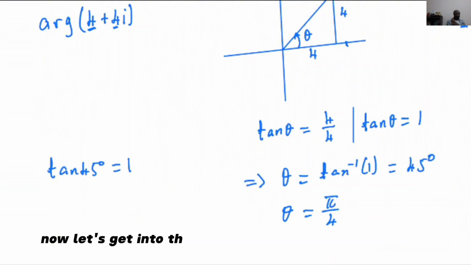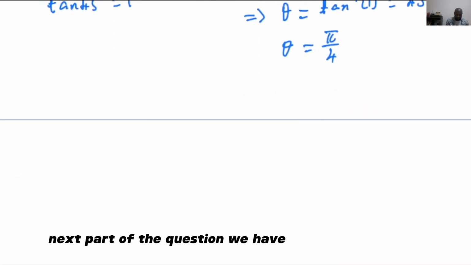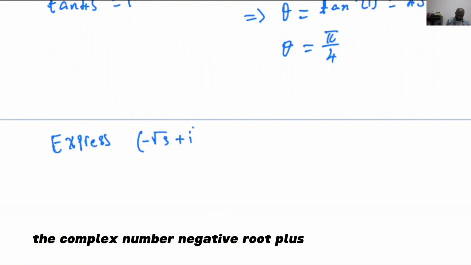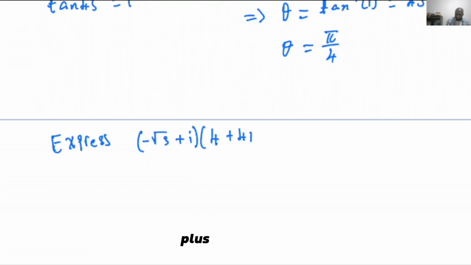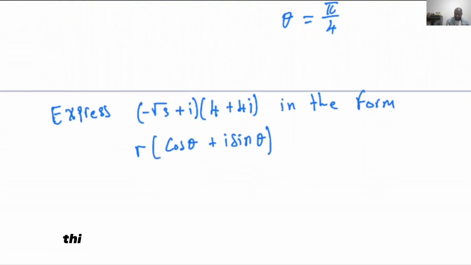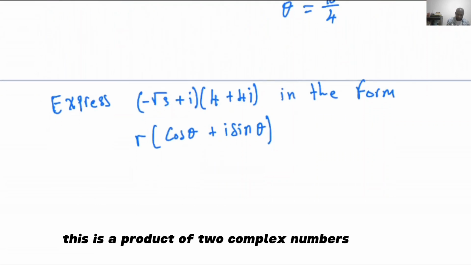Now let's get into the next part of the question. We have to express the complex number negative root 3 plus i, all into 4 plus 4i, in the form r into cos theta plus i sine theta. Now, as you can clearly see, this is a product of two complex numbers.